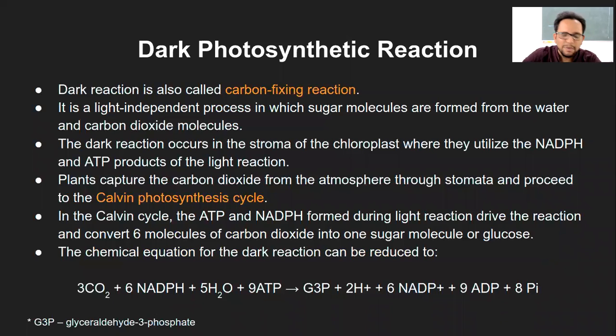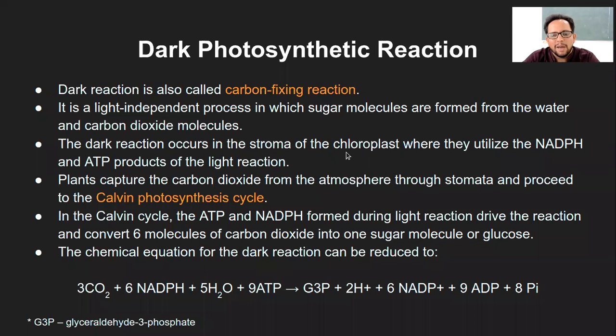Okay. So let me finish this part and then we will stop for today. So this is the end goal of your dark photosynthetic reaction. It is also called the carbon fixing reaction because it will fix the atmospheric carbon into the sugar molecule, right? So whatever ATP and NADPH were generated in the light photosynthetic reaction, they will be utilized in the dark photosynthetic reaction.